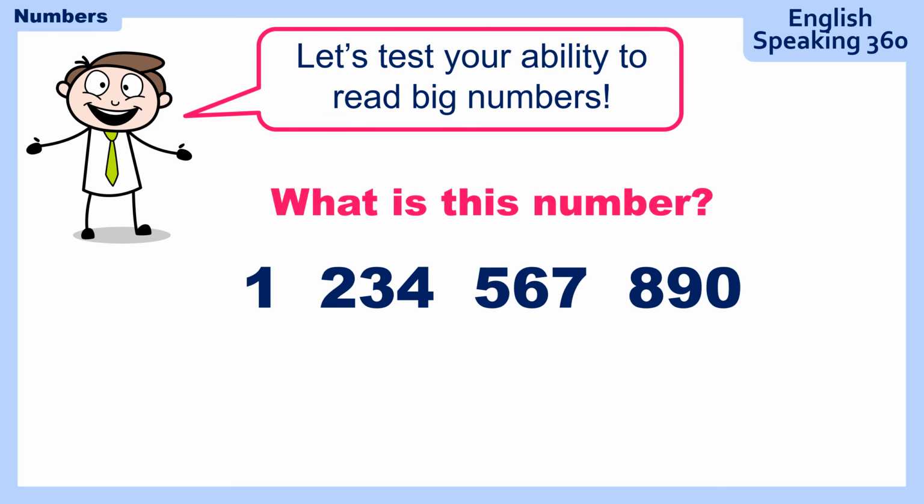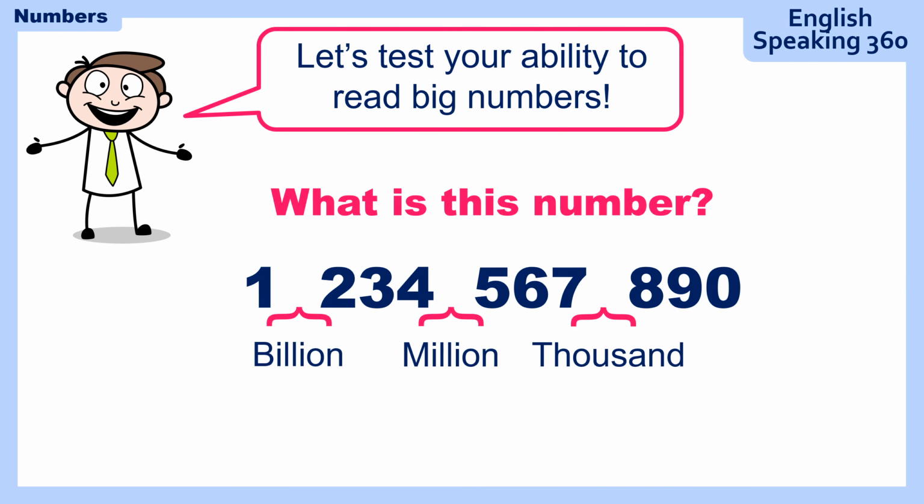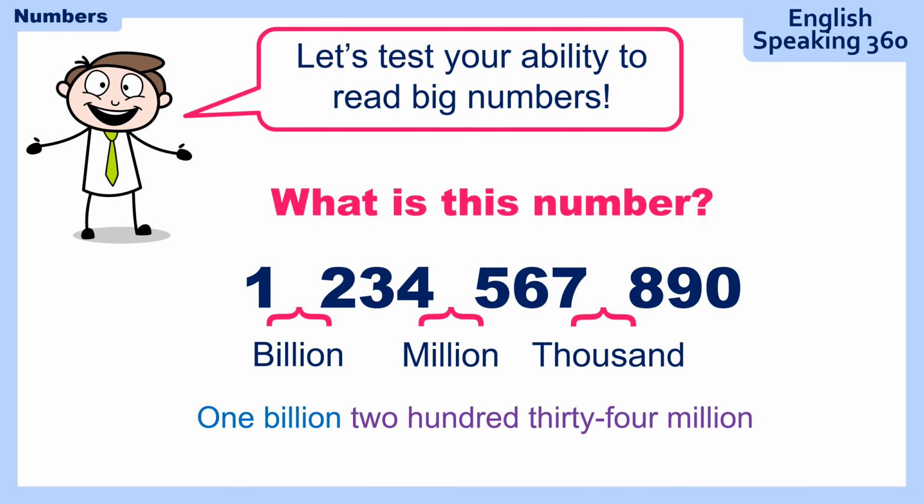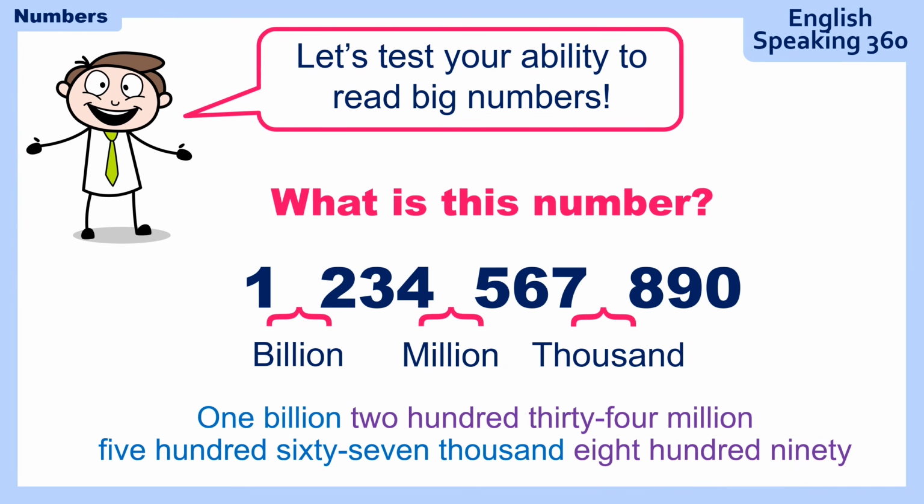Let's test your ability to read big numbers. What is this number right here? Can you read it? Remember, use the words in the spaces. So let's go together. 1 billion, 234 million, 567,890.